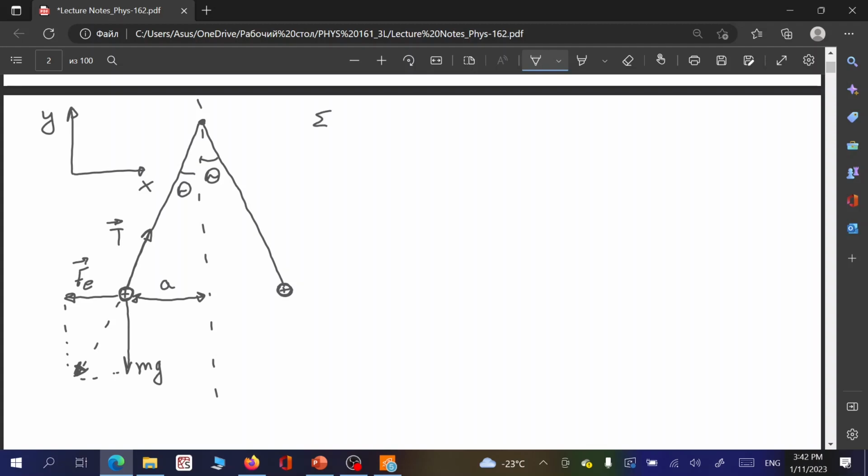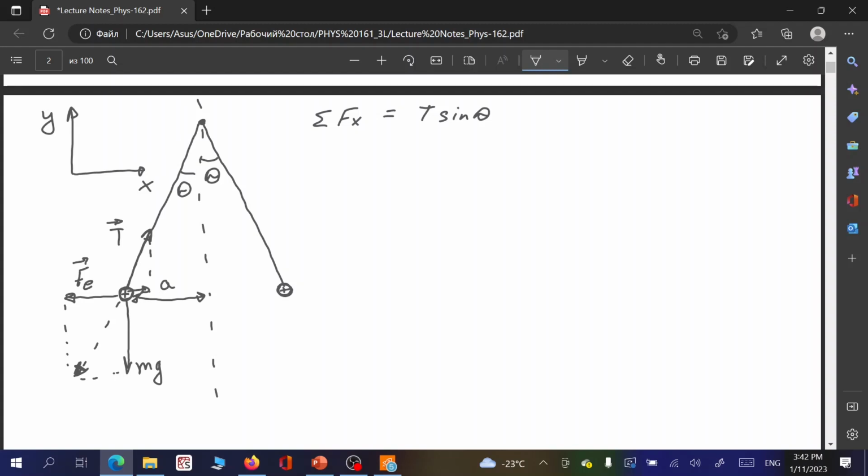So let's consider first projection on axis x, resultant force. So here we have tension times sinus theta. So it's this part, you see, projection of tension vector on axis x.